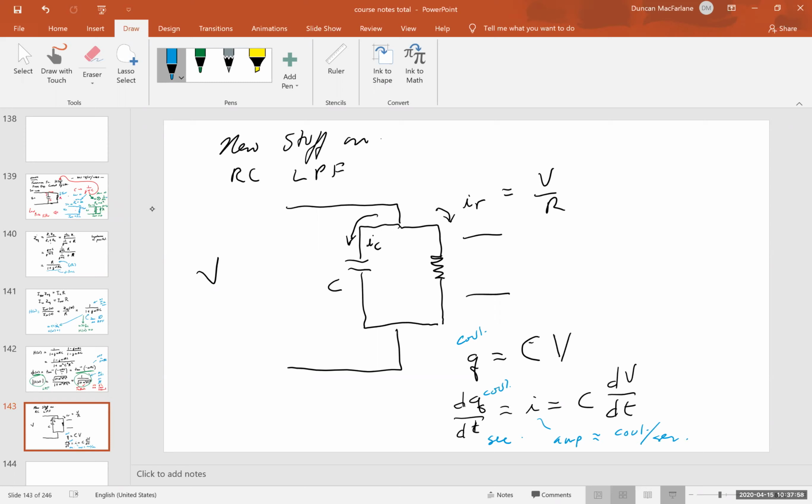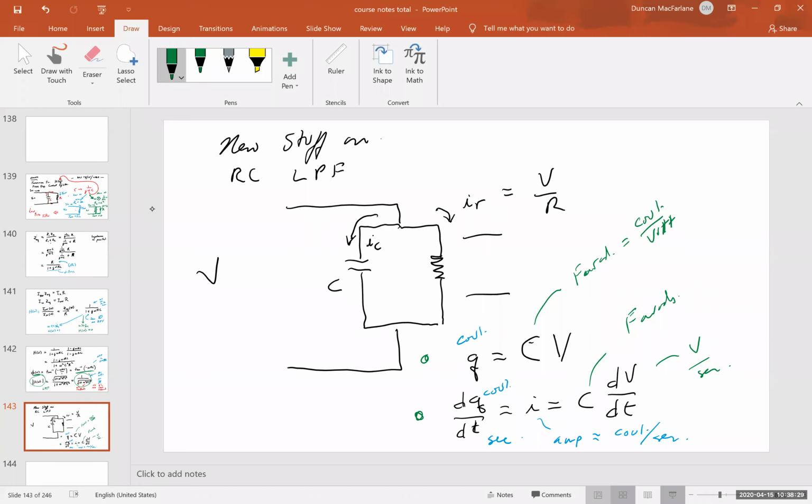On the right-hand side, I've got voltage per second. Capacitors are measured in farads. So I can see that a farad is equal to a coulomb per volt, both in this expression and in this expression.